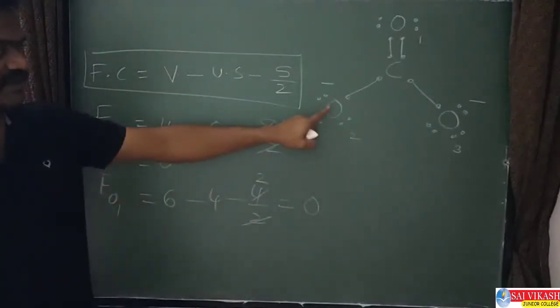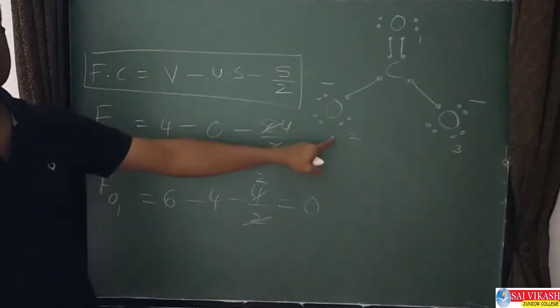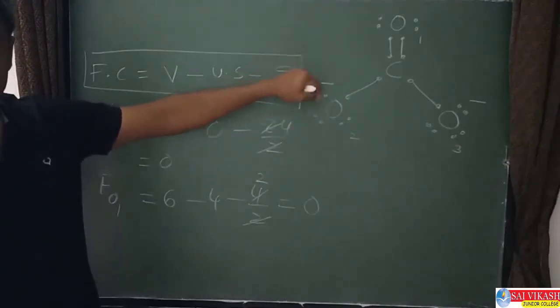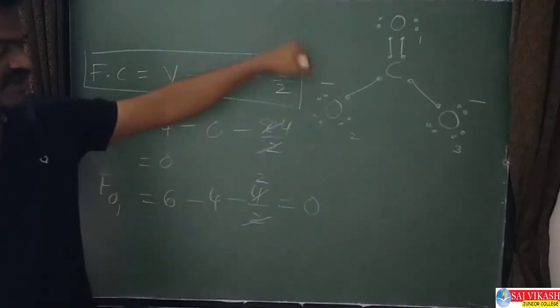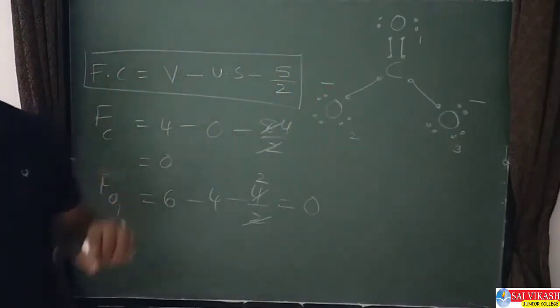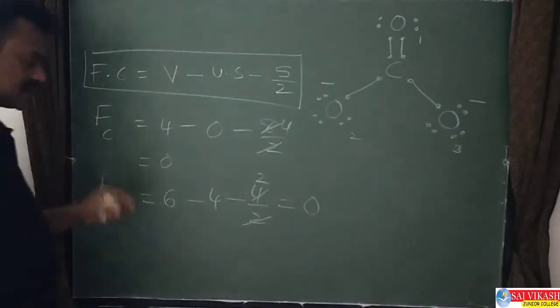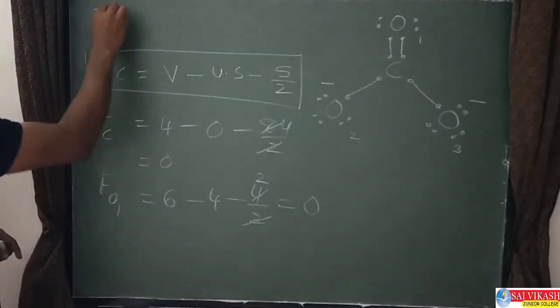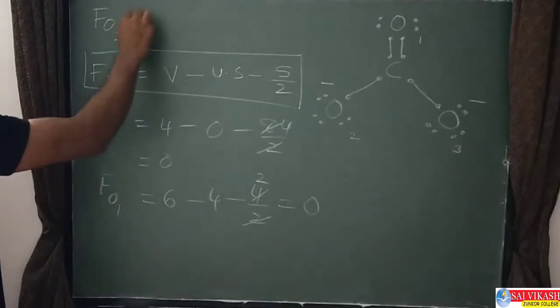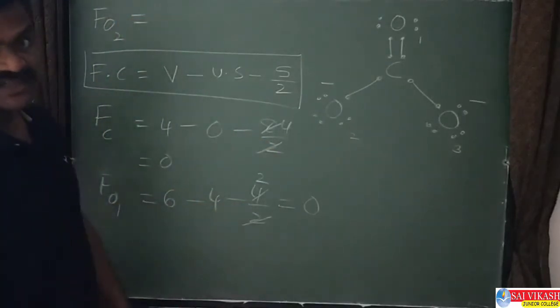Now formal charge of oxygen 2, oxygen 3. There is a charge on this, minus 1. This is only formal charge. So let's prove it. The formal charge of this oxygen is coming around minus 1. Is it coming or not? Let's prove it now. See, formal charge of oxygen 2. So how many valence electrons are there now?